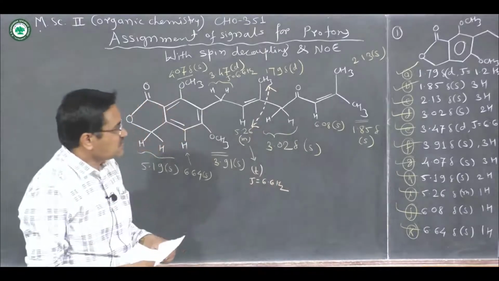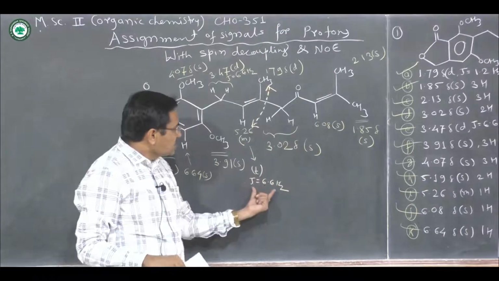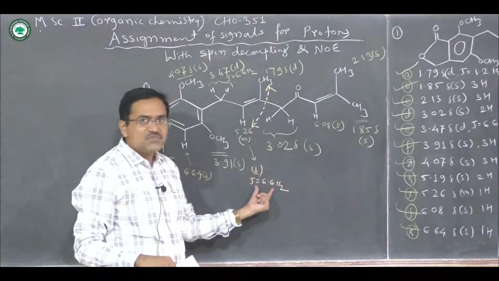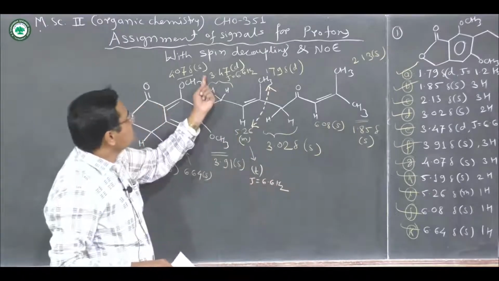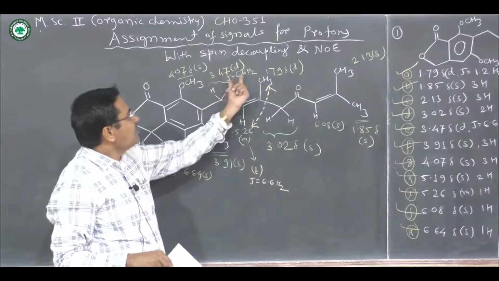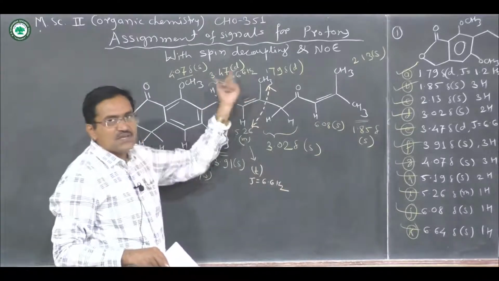The 3.47 signal also has J equal to 6.6 Hertz.